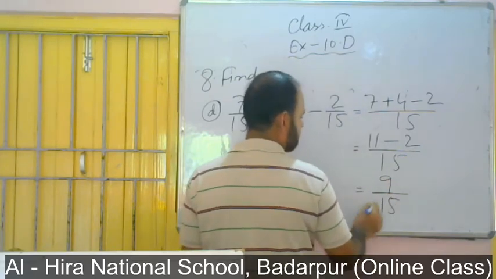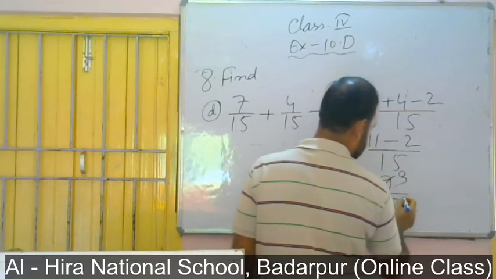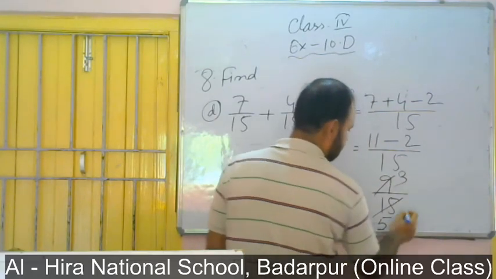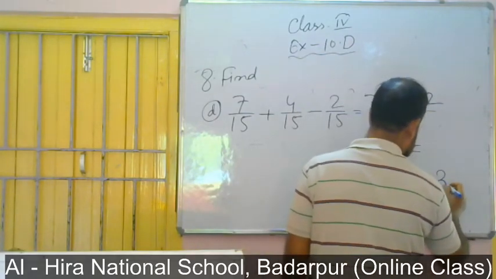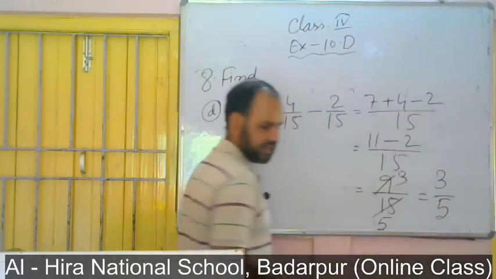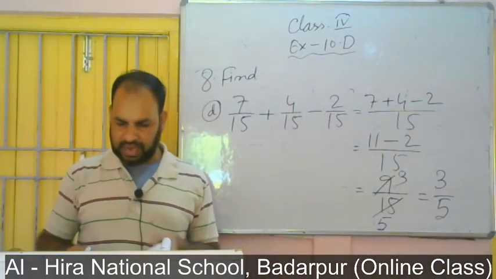If we cut with 3, 3 threes are 9 and 3 fives are 15. The answer is 3 by 5.